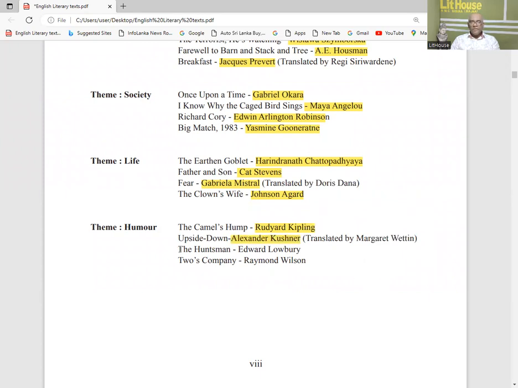The Huntsman, poet Edward Lowberry. Very easy to remember. Remember strawberry, you can remember Lowberry then.